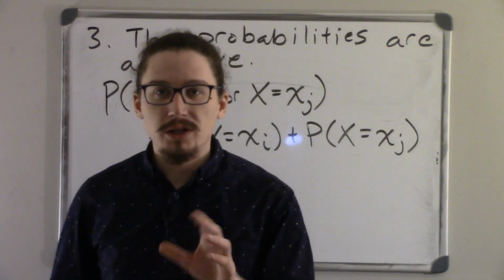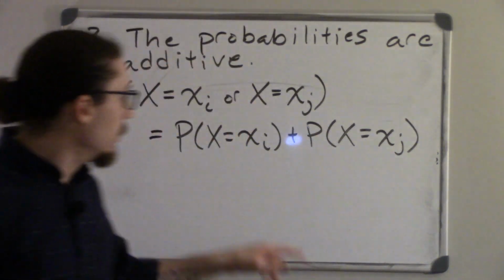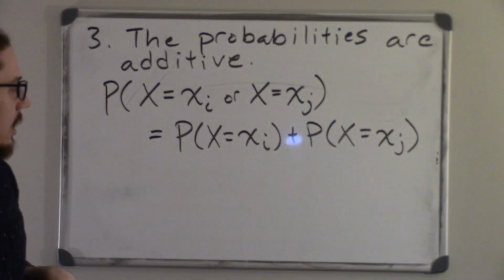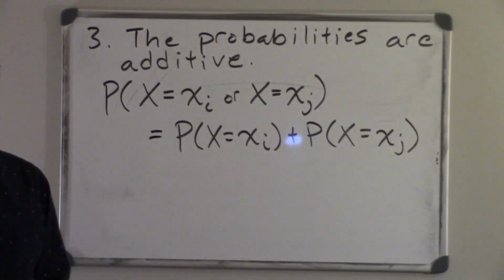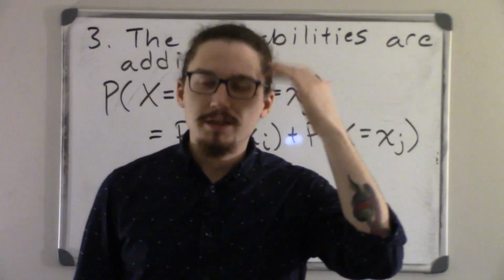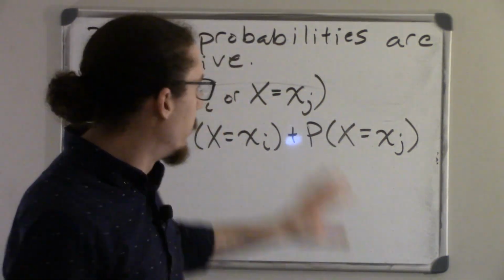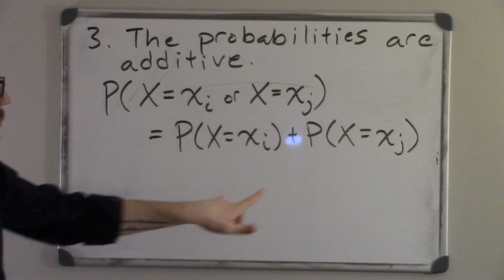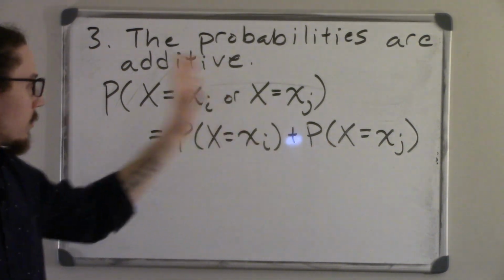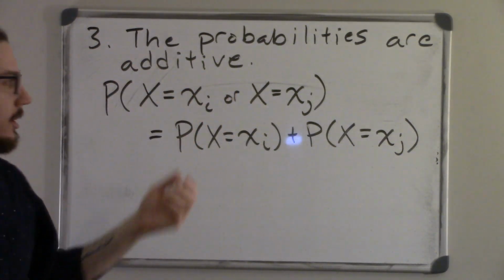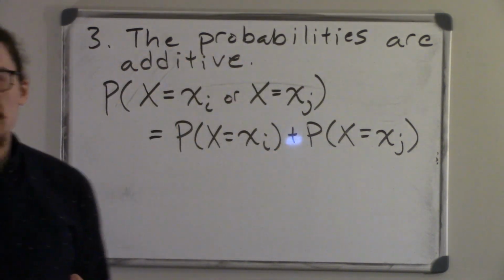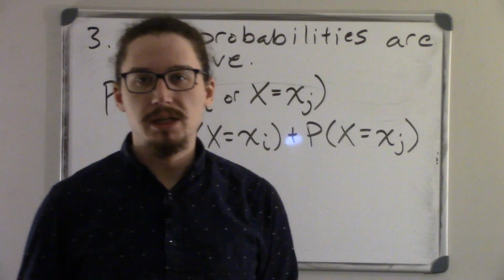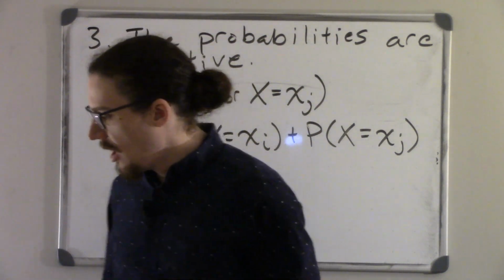So since they are mutually exclusive, we can use that sixth law of probability and find the probability of a union by just adding the probabilities together. You don't necessarily need to know all of that, but that is what's happening here. But the big thing is, if we're trying to find the probability of two outcomes, we can just add their individual probabilities together.